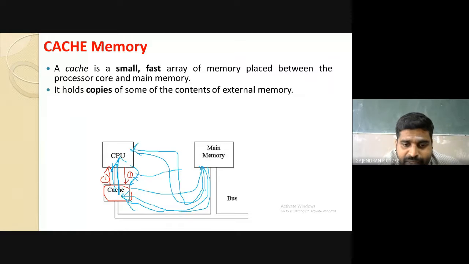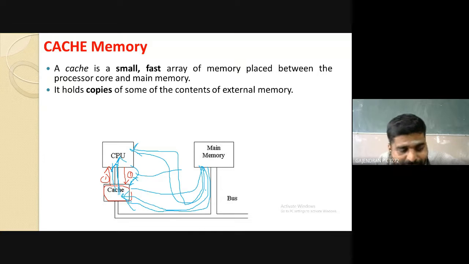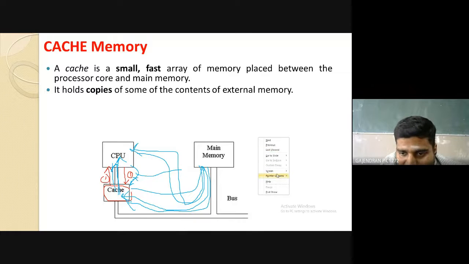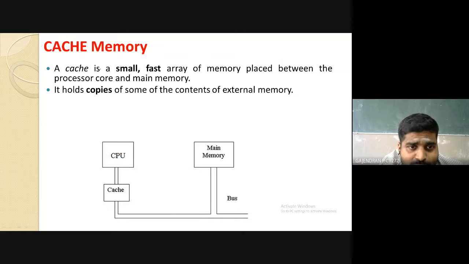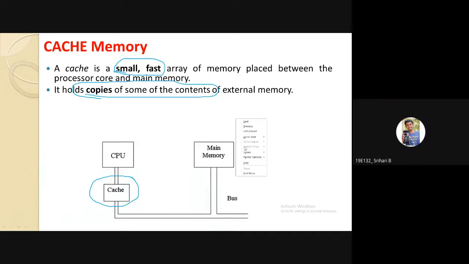Through the cache is the right answer. That is all, sir, that is the cache memory function. Very, very simple. These two keywords are very important. If you remember these two lines, it is very easy to understand the function of this particular cell.